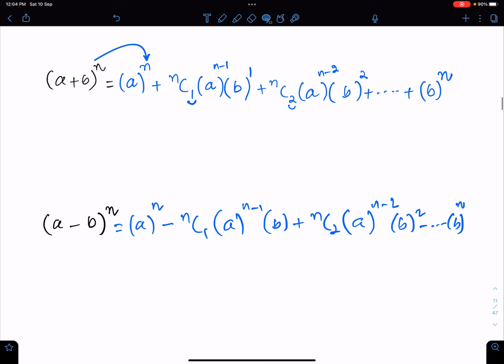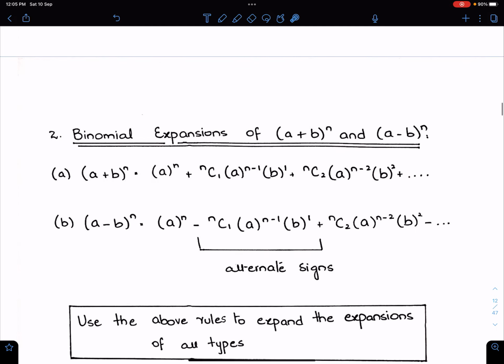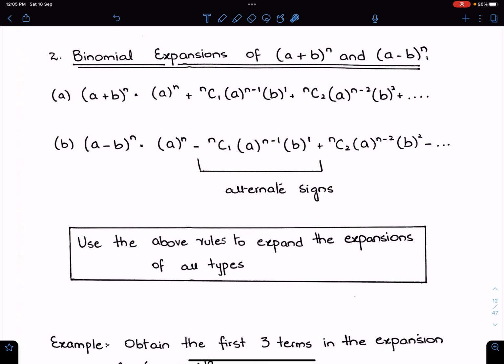And make sure you must not take this negative sign here. Take the second term without its sign. Take the second term always positive while using the theorem. So those two results are here.